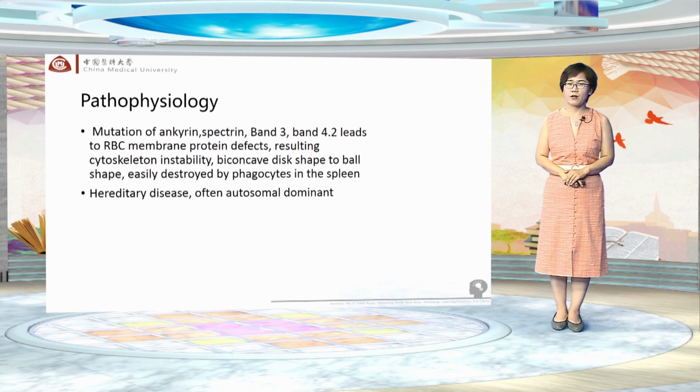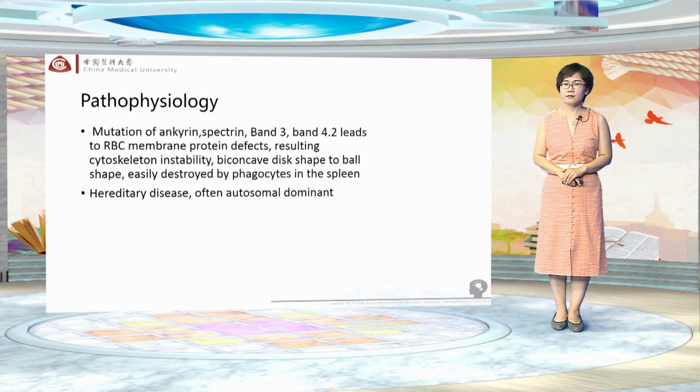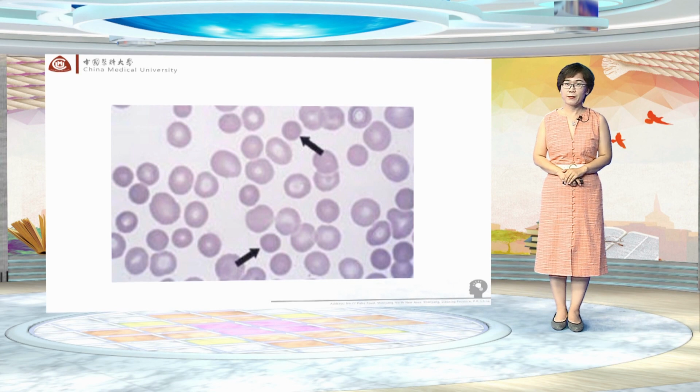Once red blood cells become spherocytic, successive phagocytosis during repeated passes through the splenic cords promotes further membrane loss and progressively more spherical shaped cells. It is a hereditary disease, often autosomal dominant. In this picture, you can see the small spherocytes as the arrow indicates.